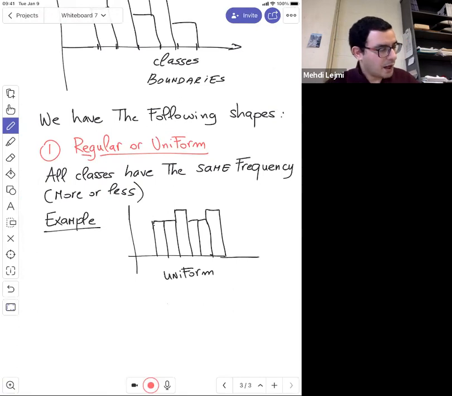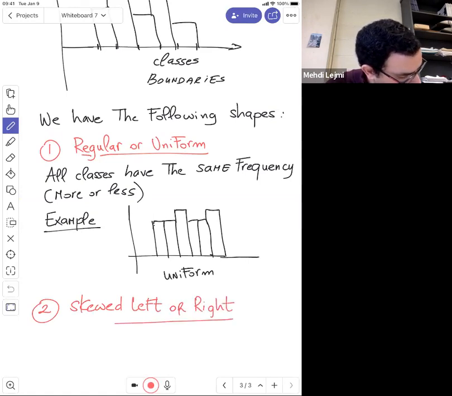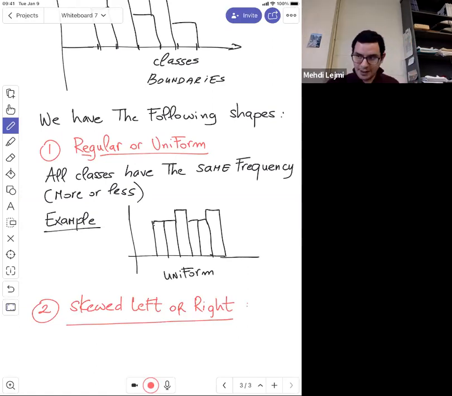Now next we have the skewed left or right. This is when one end has the higher frequency classes.